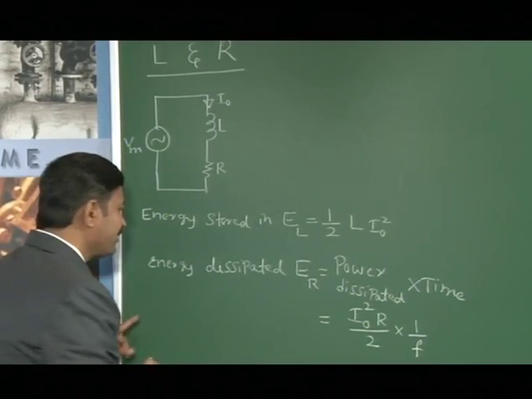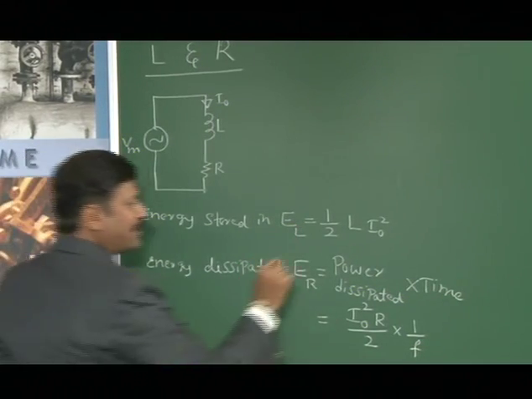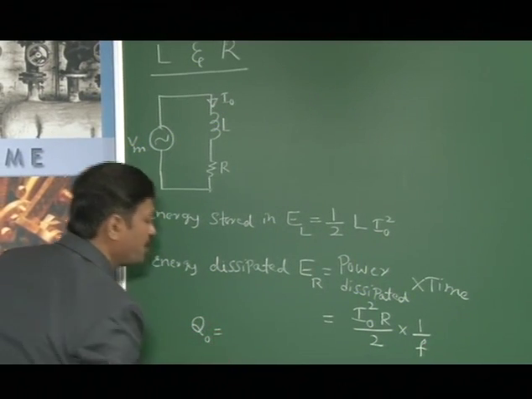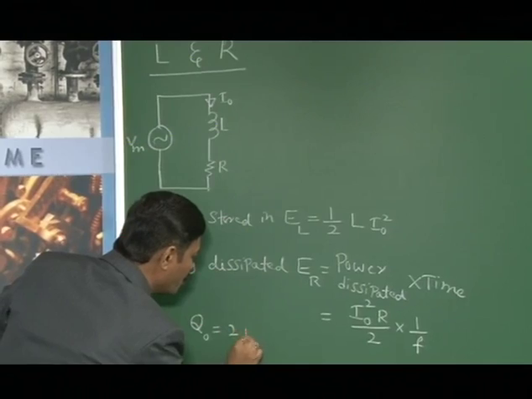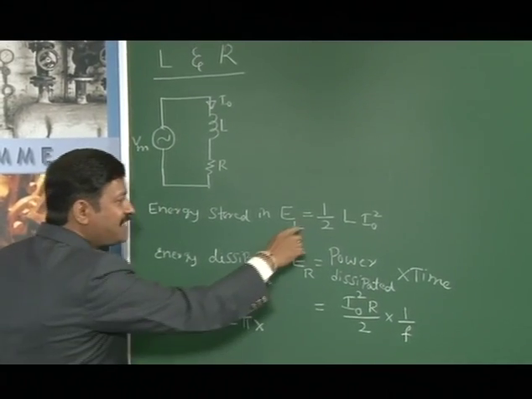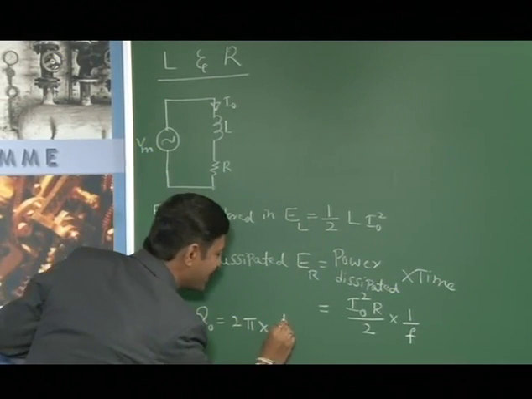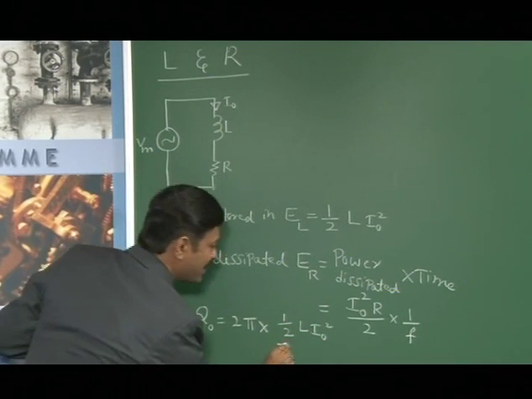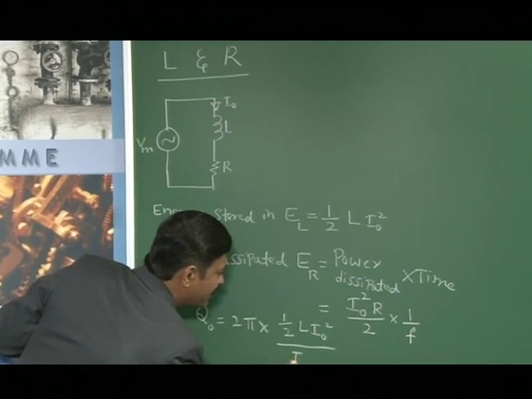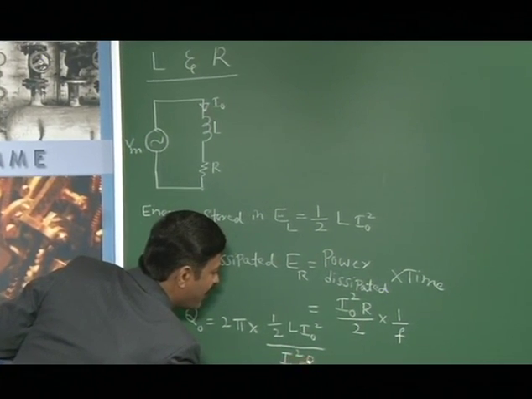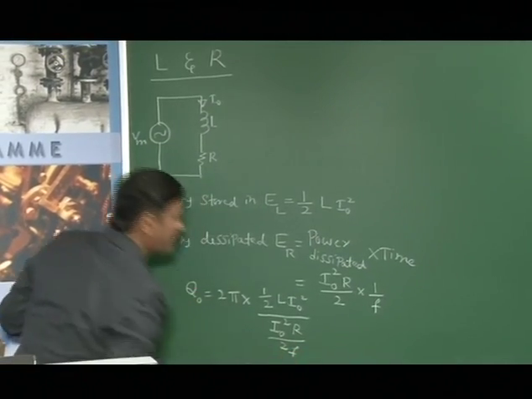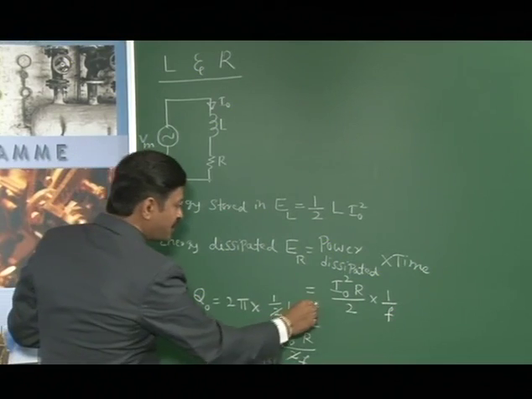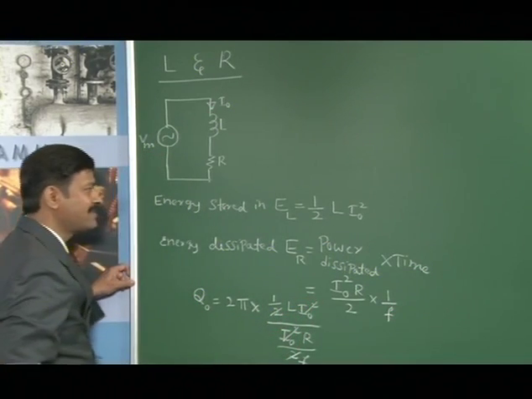If you substitute these two expressions in the Q factor expression, Q naught is equal to 2 pi into energy stored in the inductor, half L I naught square, divided by energy dissipated, I naught square R by 2F. This 2 cancels, I naught square cancels.